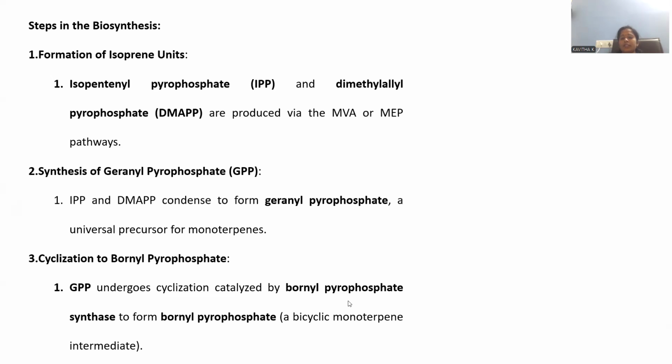This is another enzyme we apply so that GPP undergoes a cyclization reaction, because here a distinctive enzyme, bornyl pyrophosphate synthase, operates. Whenever bornyl pyrophosphate synthase works on GPP, the geranyl pyrophosphate turns into bornyl pyrophosphate. This bornyl pyrophosphate is the most important bicyclic monoterpene intermediate here.